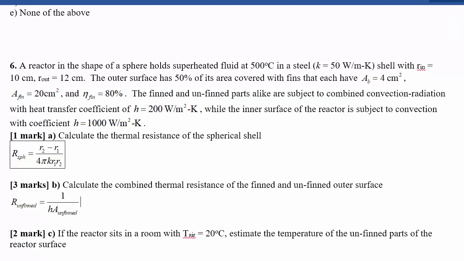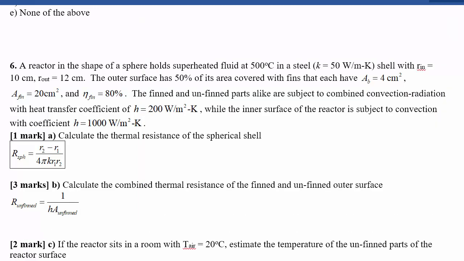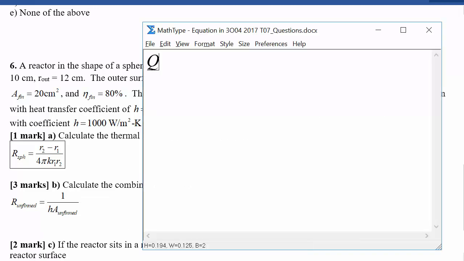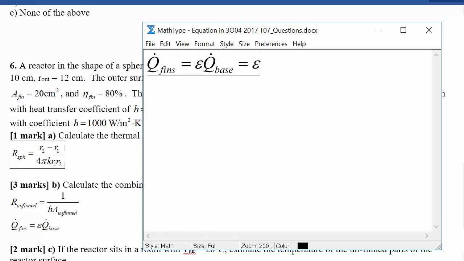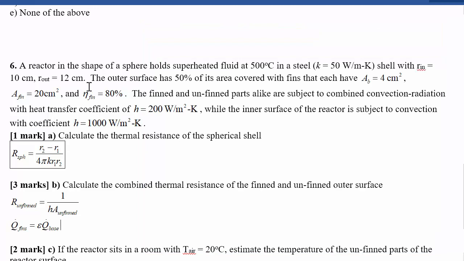And then the resistance from the finned parts, well, we can figure that out by saying that the heat conduction from the fins is equal to the effectiveness times the heat conduction that you would have from the base of the fins by itself, which is actually the heat conduction of the unfinned parts, since the base area is the same as the unfinned area, because they said 50% of the outer surface was covered with fins.